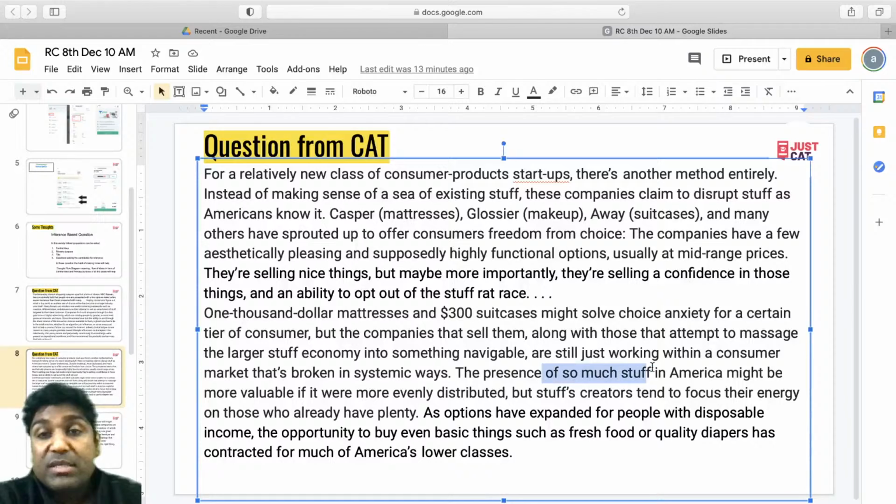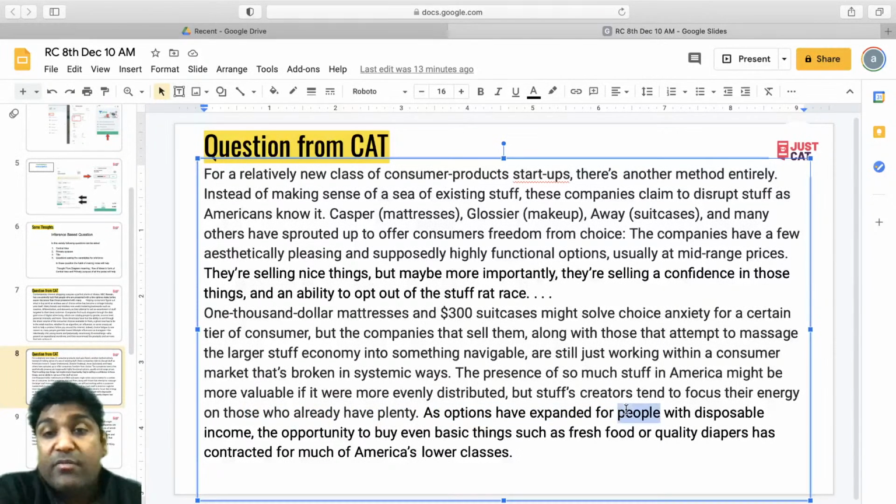The presence of so much stuff in America might be more valuable if it were more evenly distributed. So they're saying that this presence of so much stuff, if it were more evenly distributed, but stuff's creators tend to focus their energy on those who already have plenty.